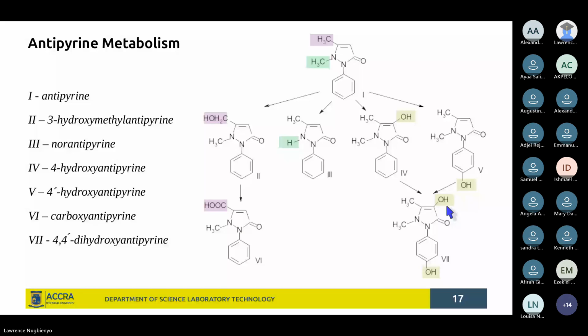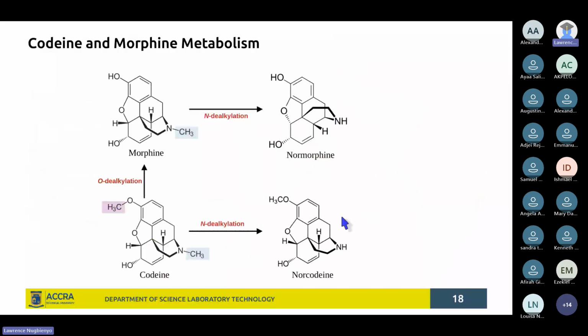Now, if we go to look at, let's say, codeine and morphine, which are also some drug substances, we see different reactions that also occur here. So if we take codeine, which is below here, codeine can undergo N-dealkylation.